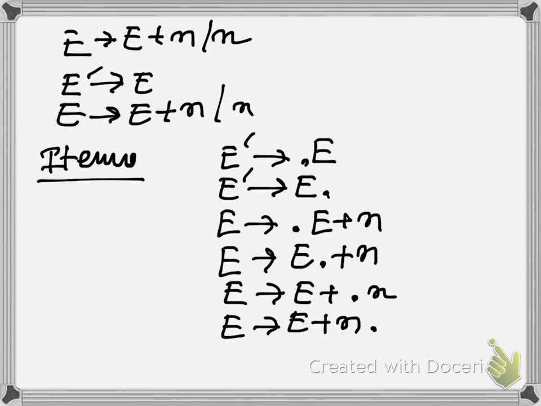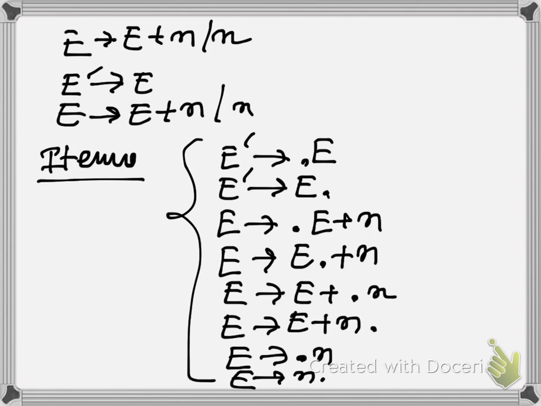And the last production is E derives N, so either I have not seen anything or I have seen N. So this is the set of all items of this particular augmented grammar.